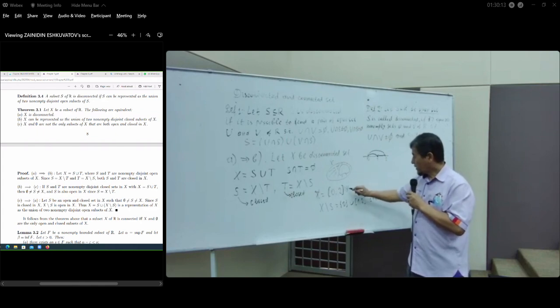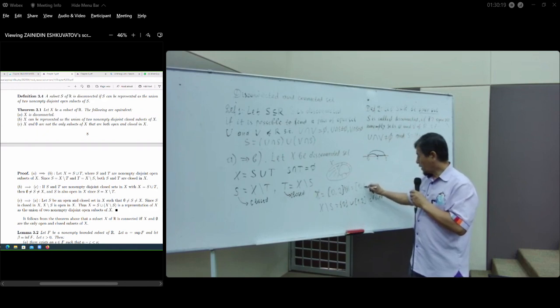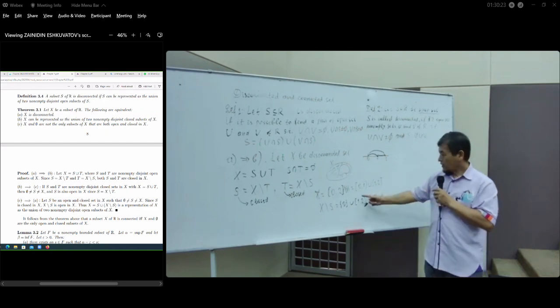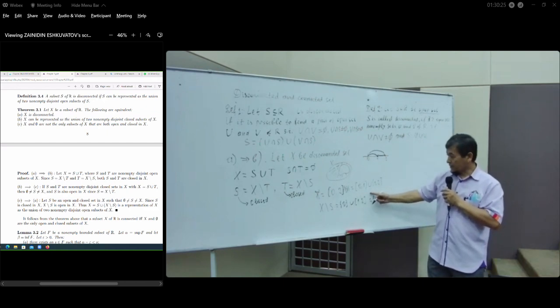So actually it should be like this: [0,1) and (1,2], 2. Okay, so this is the disconnected set, but you see this is half open.